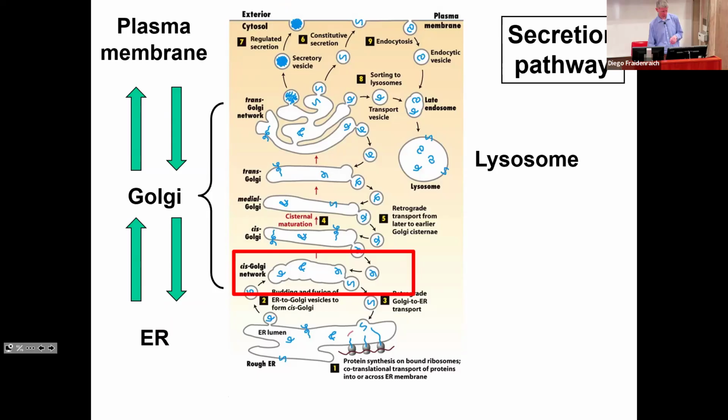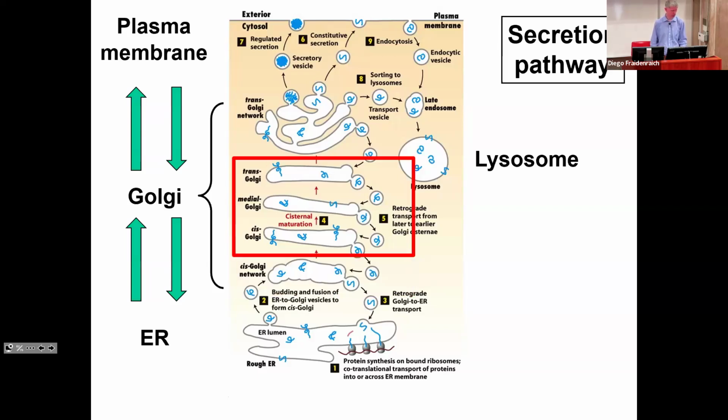So yeah, this is just saying the Golgi is a little complex, having a cis-Golgi network. The Golgi would consist of cis, medial, and trans-Golgi, which are layers of membranes.